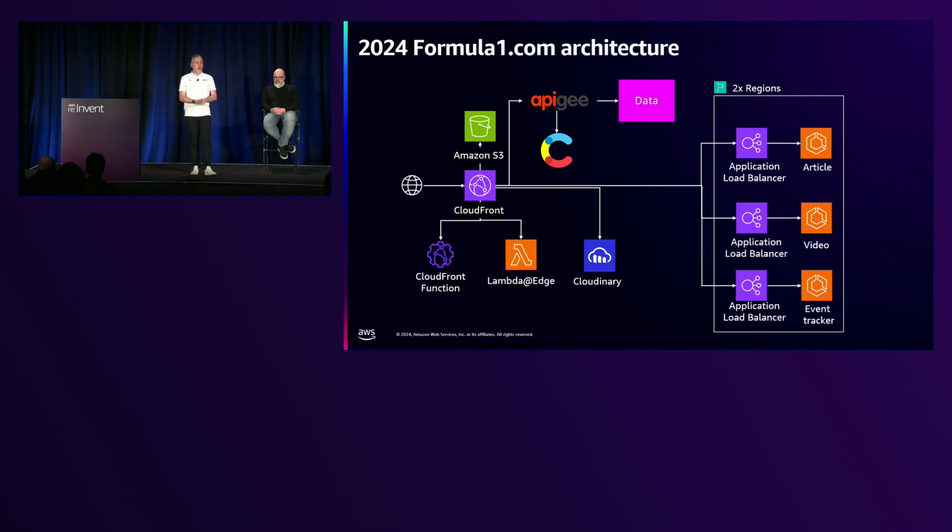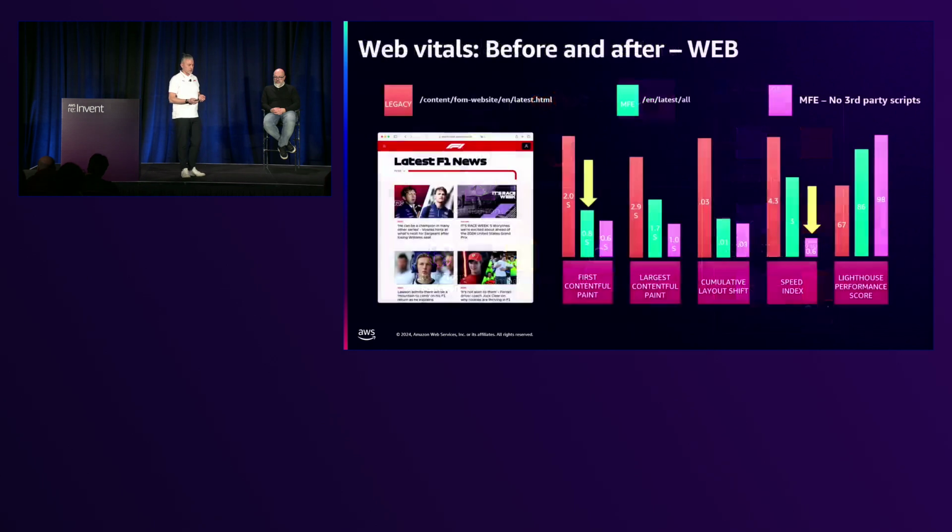So now let's go back to the performance that I anticipated earlier, and let's drill down into the KPIs. The common KPIs used are the web vitals that you probably know pretty well. Let's have a look, for example, at the page Latest F1 News, which is the first one we delivered, on web, at the first contentful paint.